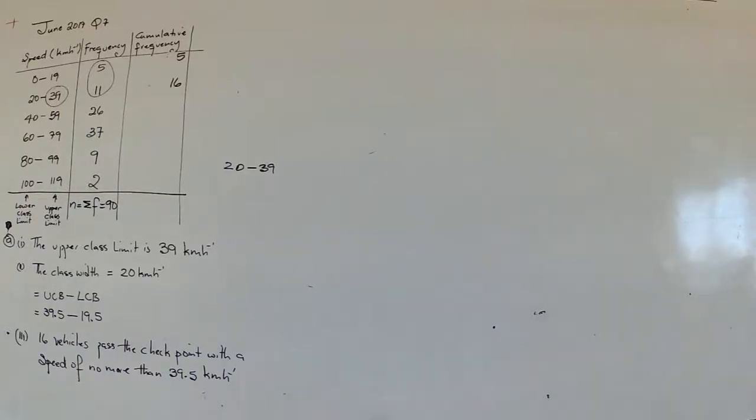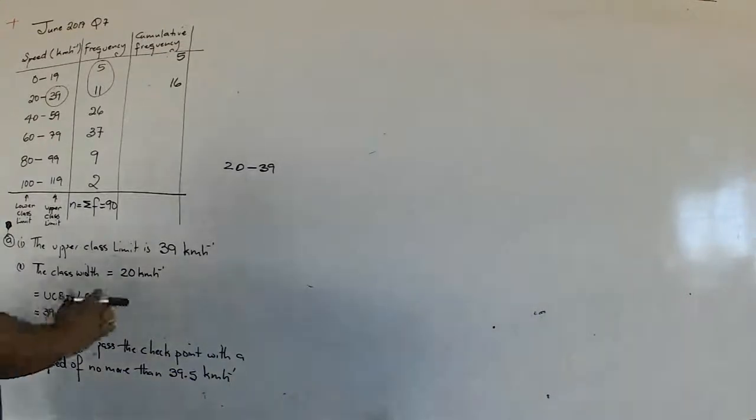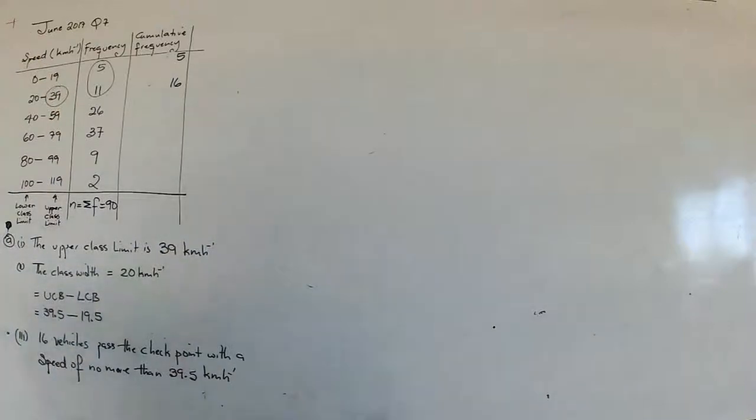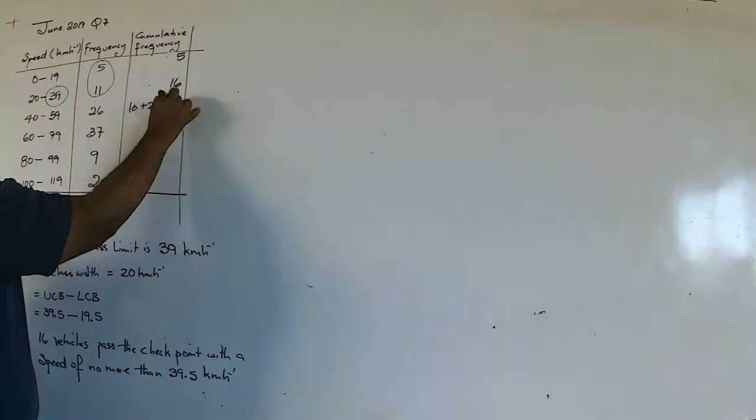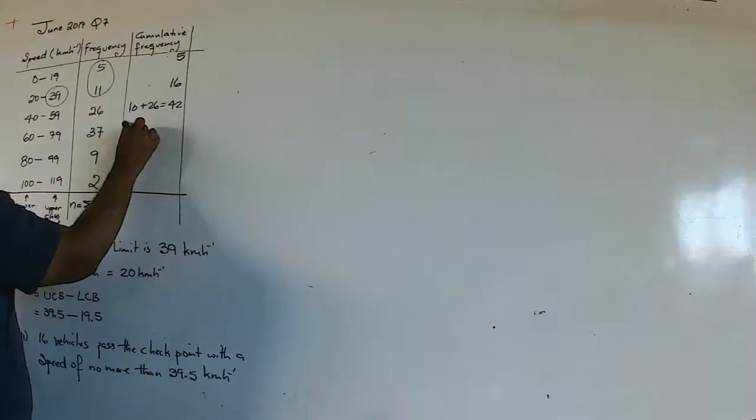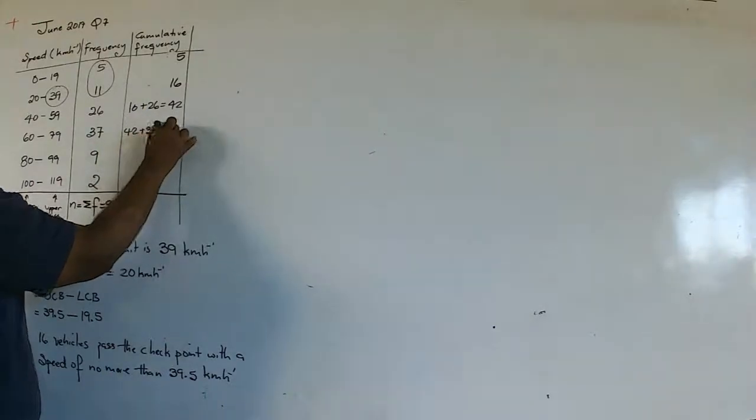Now let's go to B. B says, complete the table by inserting the missing values of the cumulative frequency column. Ladies and gentlemen, cumulative frequency means that you're going to add the frequency going down. So the next one is 16 plus 26, which is 42. Then 42 plus 37 is 79.